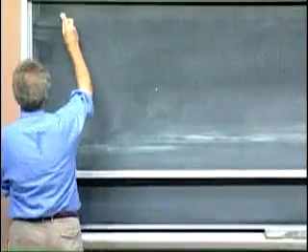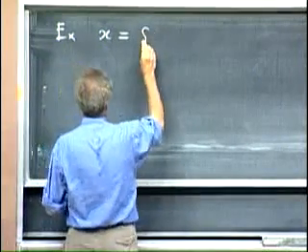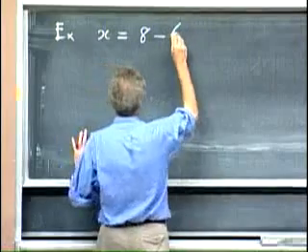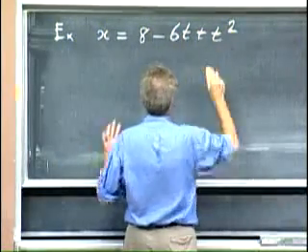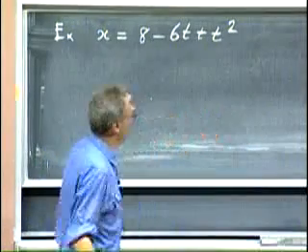So this is a working example. x equals 8 minus 6t plus t squared. So this tells you where the object is at any moment in time. And let this be in meters.